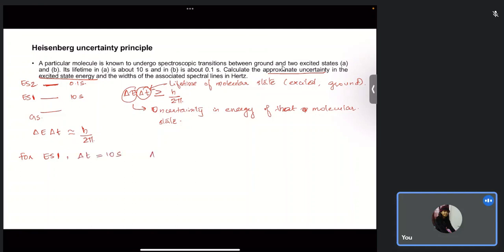So delta E is equal to h by 2 pi into delta T. h is Planck's constant, given as 6.626 into 10 to the power minus 34 joule seconds.